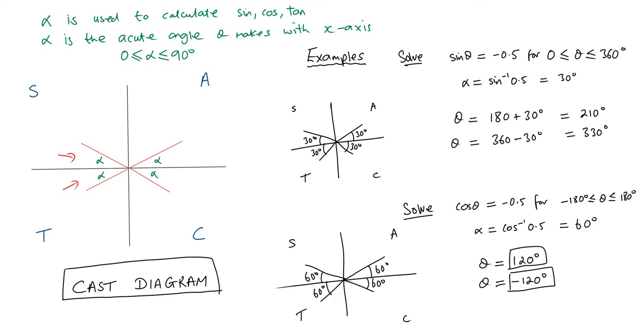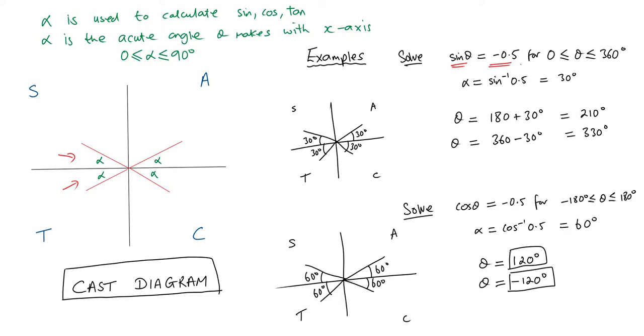Using the graph method, you don't need to worry about that, you just use the graph. But the reason CAST is, for me, a superior method is that we don't have to draw a graph. We can just do a simple CAST diagram, and it's very easy to calculate the values that we need. So let's have a look at a quick example.